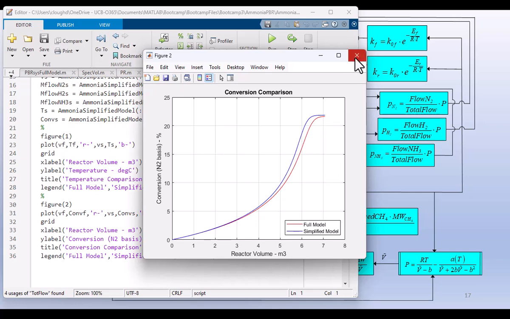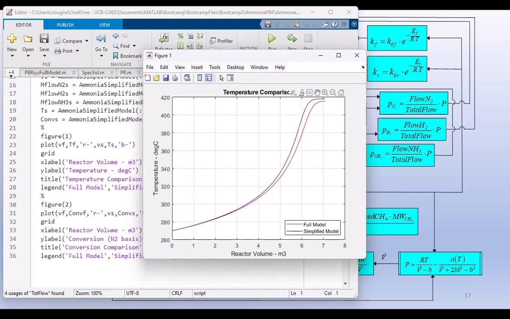So that's one. And then the other shows the temperature comparison, and it shows the temperature not quite reaching the temperature of the simplified model. So we compare these two models, and then we can decide more or less whether it was worth it to go on to the complexity of the full model or not, all right?